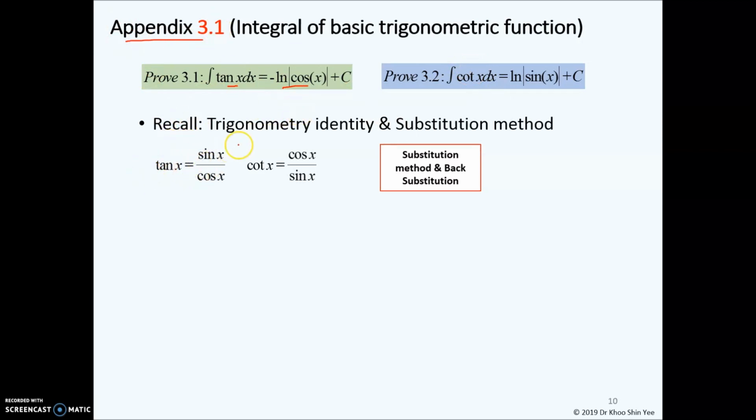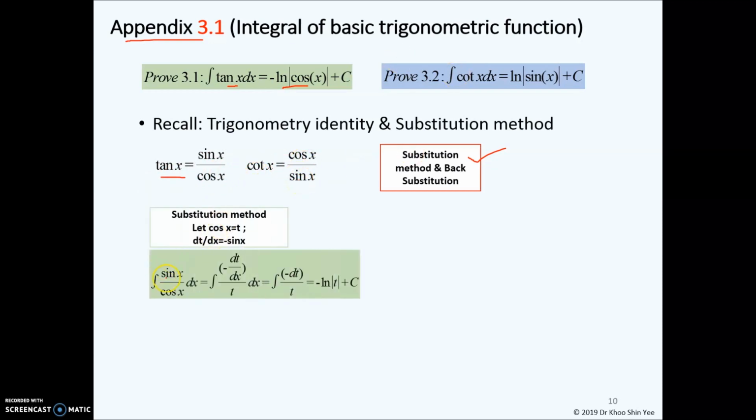So what we need is some trigonometric identities, and the integration technique by substitution. You know tangent is sine over cos and cotangent is cos over sine. Thereby we can substitute inside the formula. For tangent we get sine over cos, and you see that if you differentiate cos, you get sine.